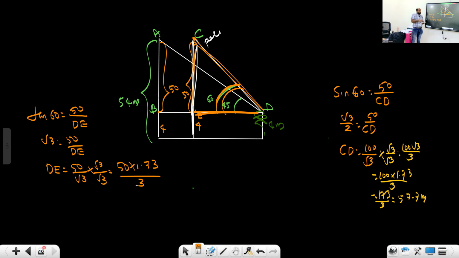Time issues are there; calculation you can think about, you'll get it easily. 36.5 by 3. 12.16 meters. 12.16 meters is the distance between the boy and the pole.